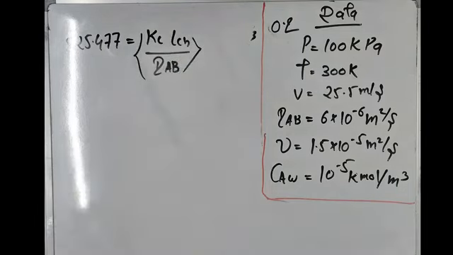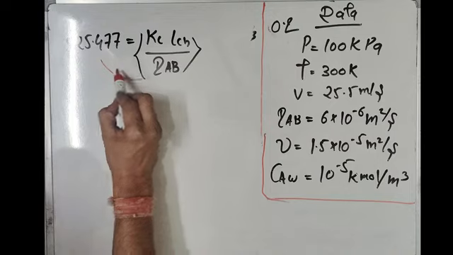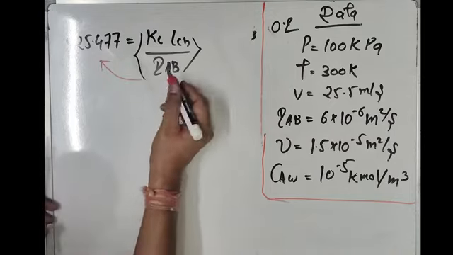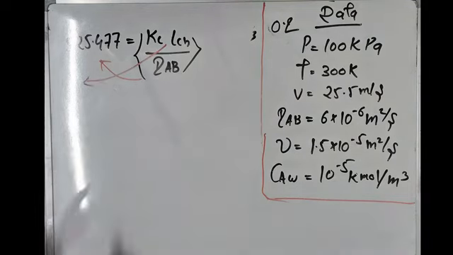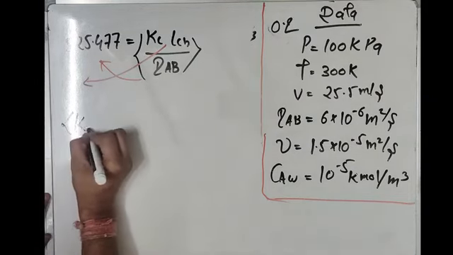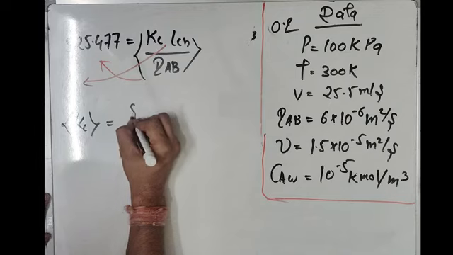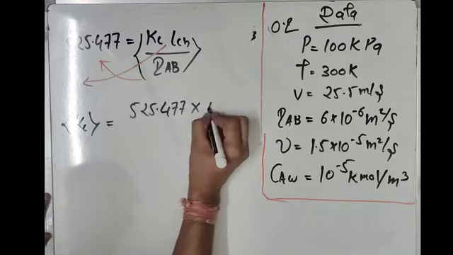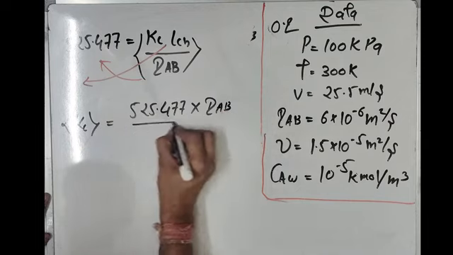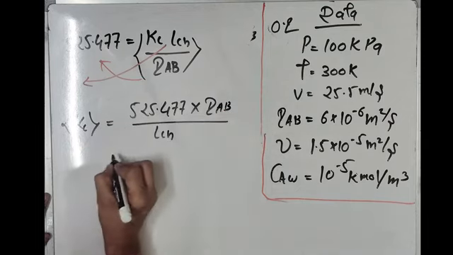From here, we can take DAB to the other side in multiplication and the characteristic length in division. So we will find Kc: 525.477 into DAB upon L_CH.